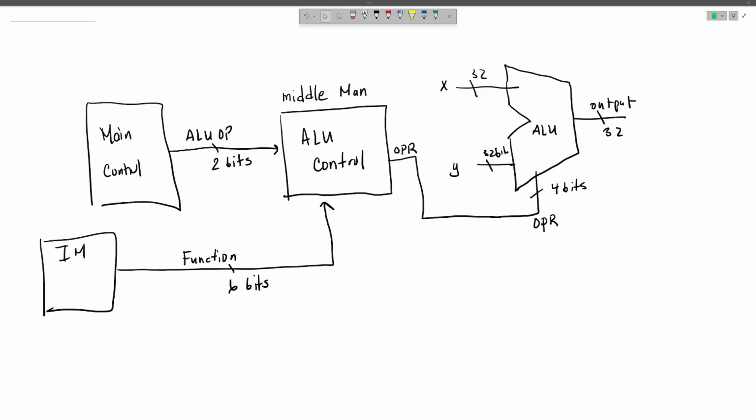And also from our instruction memory, we're going to have an operation, and that one is going to be 5 bits. So depending on our operation is how our ALU behaves. We have multiple types of words that I'm going to present now.